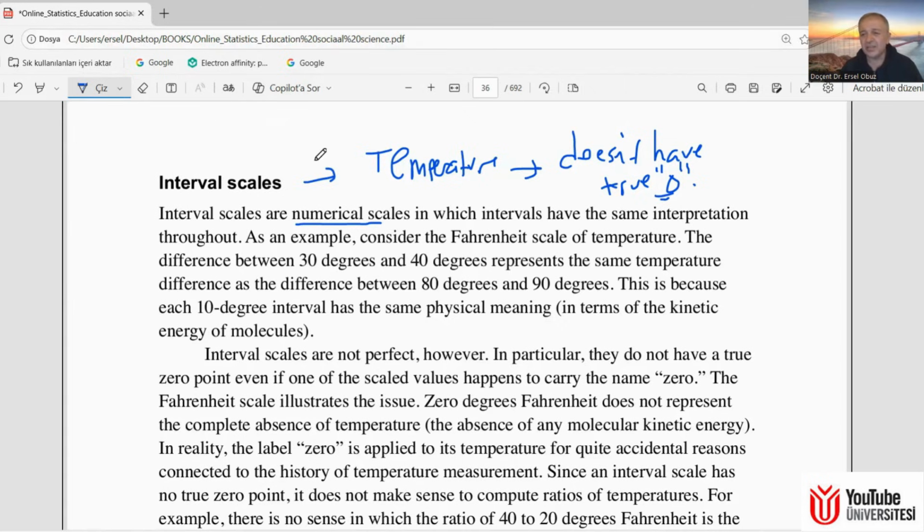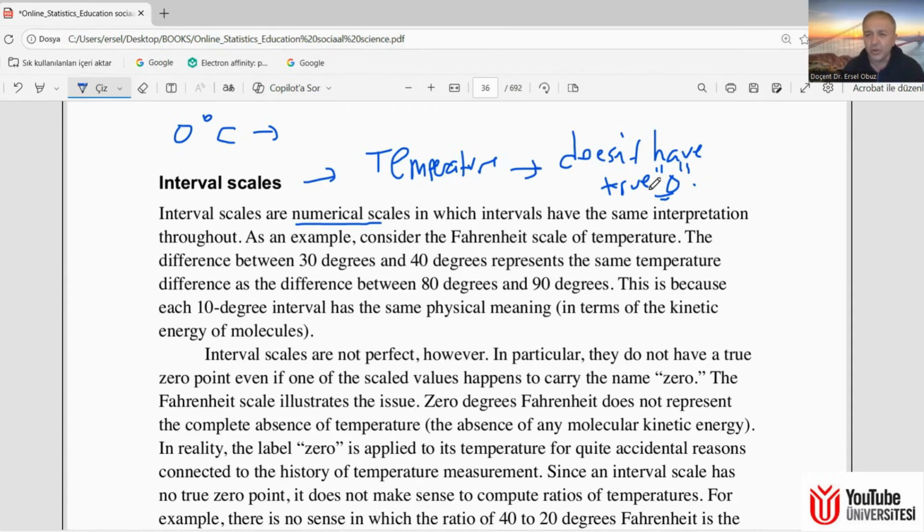So when you say the temperature is 0 degrees centigrade or Celsius, you cannot say that there is no temperature, right? Temperature still exists. So it doesn't mean the absence of a variable. Okay, it just means it is cold. So that is the interval scale.